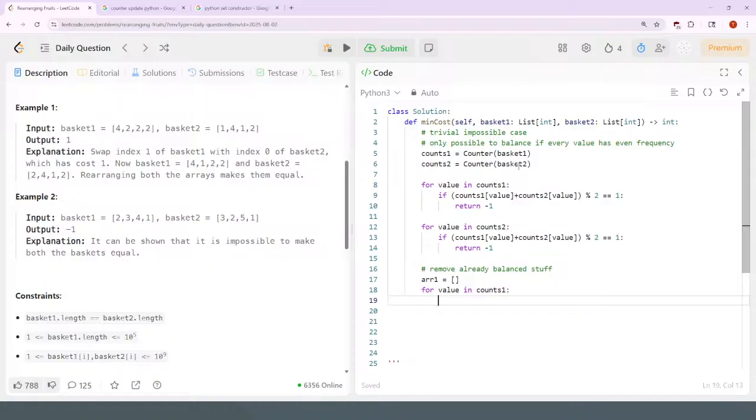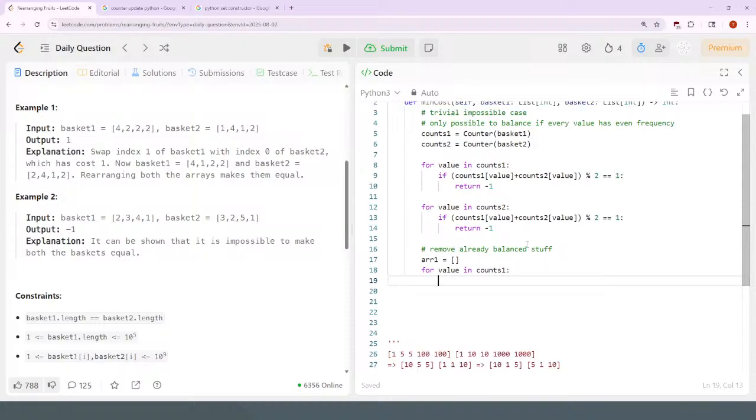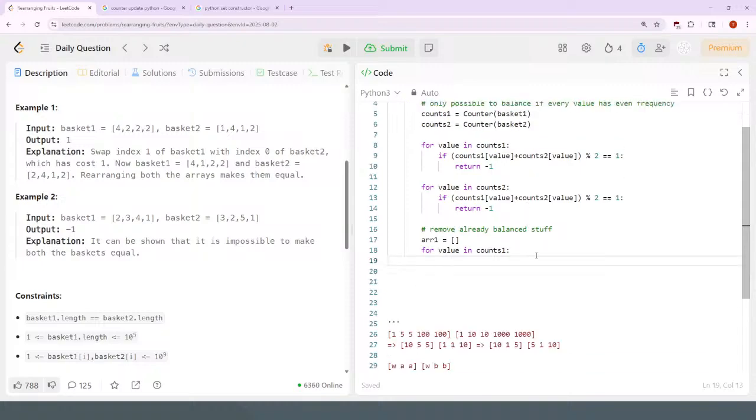Okay, so what if I did something like removed, deducted? So if there's a 5 and a 5, there's 2 5s, and there's no 5s on the other side.